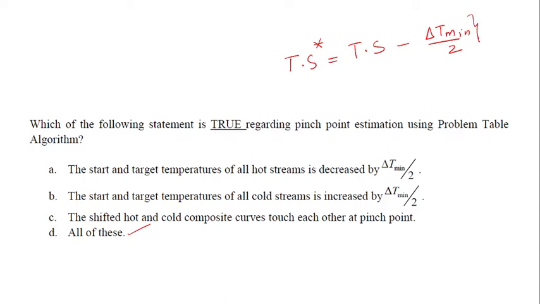This is for hot stream. And for cold stream, the shifted target and supply temperature are given by initial supply temperature plus delta T min by 2. This is for cold stream.